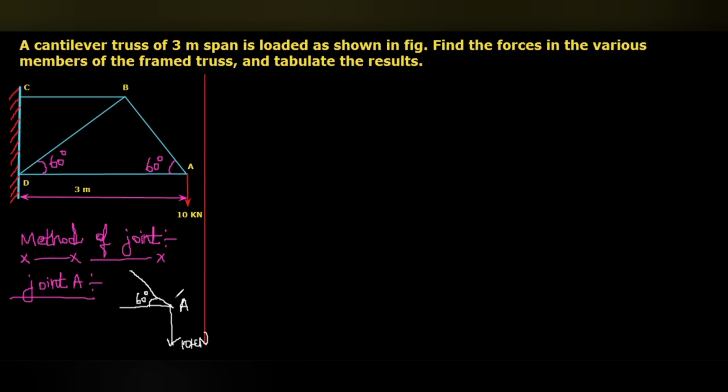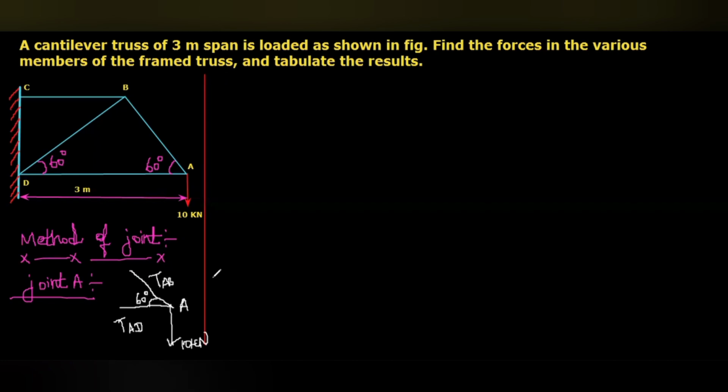As we discussed earlier, we can use two principles: summation of vertical forces equals 0, and summation of horizontal forces equals 0. Here we have the horizontal member force in AD, and the inclined force in member AB.